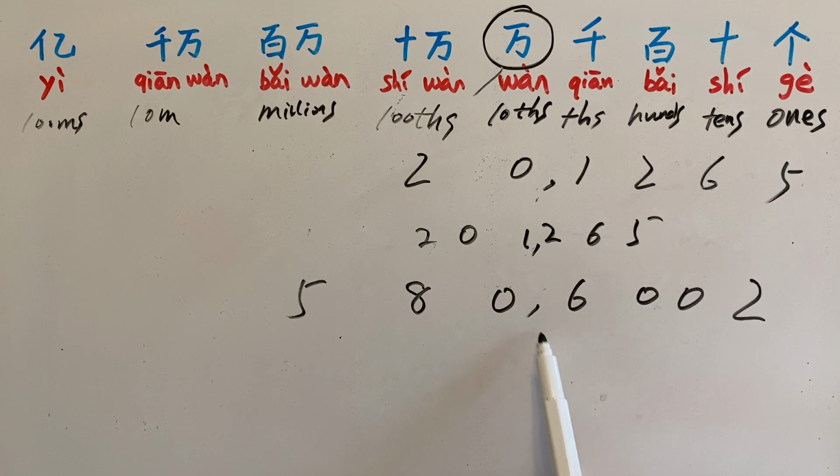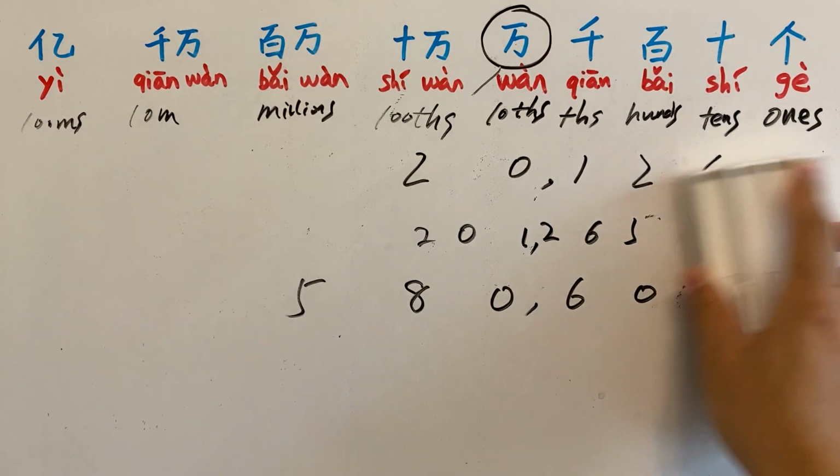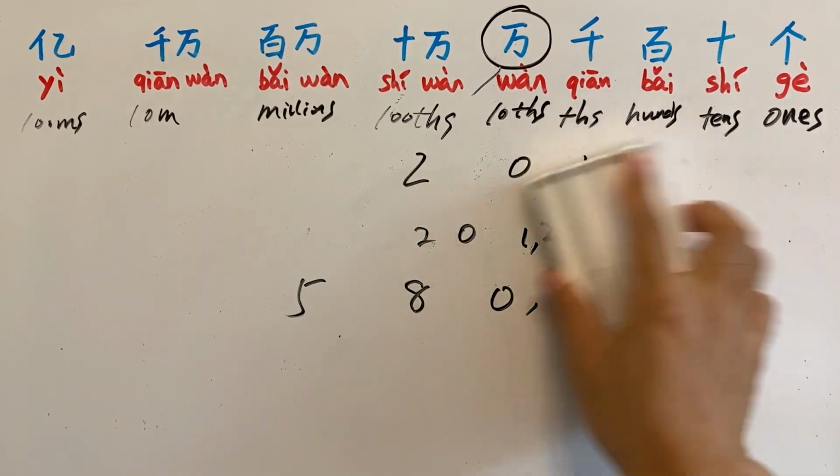In Chinese, this comma is 万. 580万 means 5,800,000. 580万6002. It's very simple. It's just that in Chinese we have one more unit, 10,000.